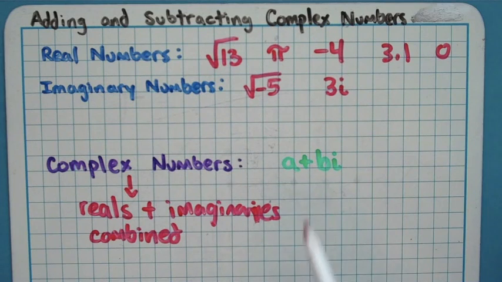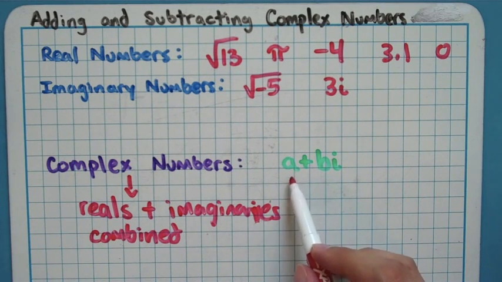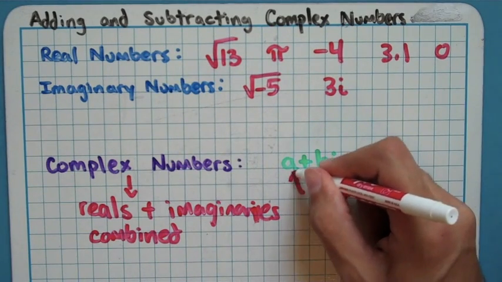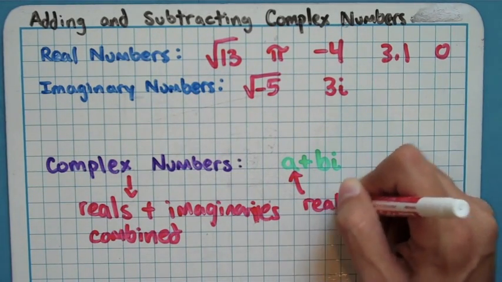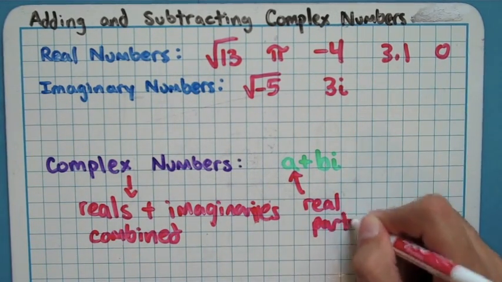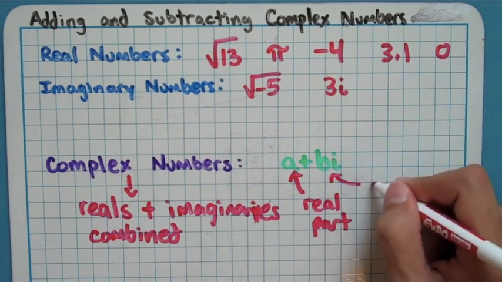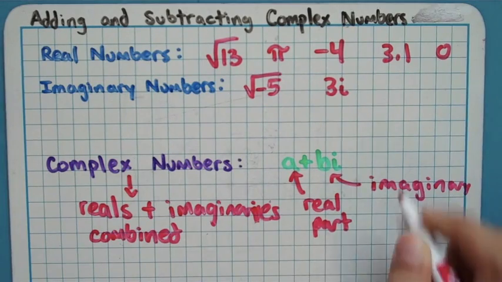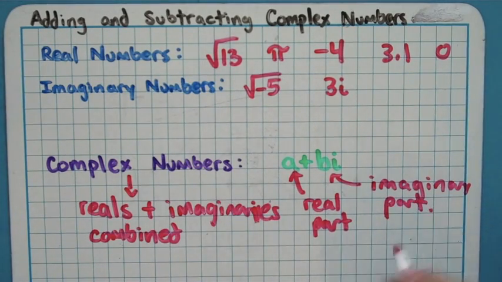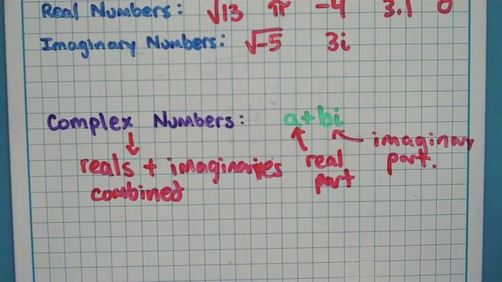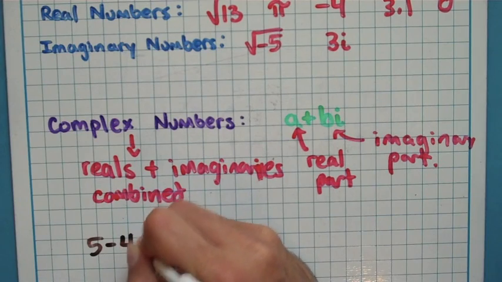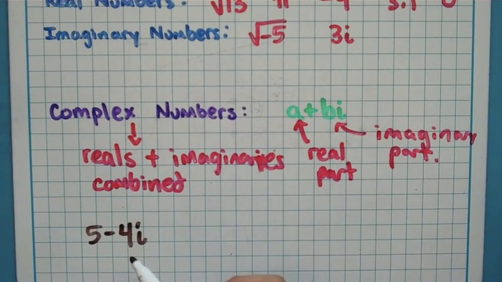And the way you'll generally write a complex number is in this form right here, a plus bi. So the a is your real part. It's going to be just a plain old number. And the bi is your imaginary part. I will give a couple examples of this on the bottom of my slide here. For example, I may have a number like 5 minus 4i. This is a complex number.